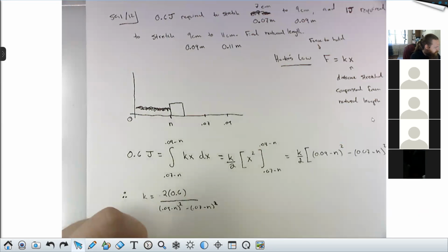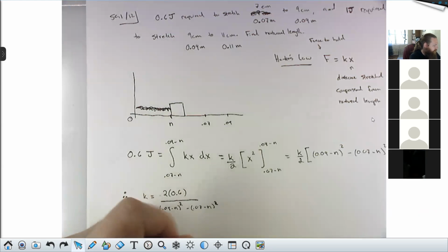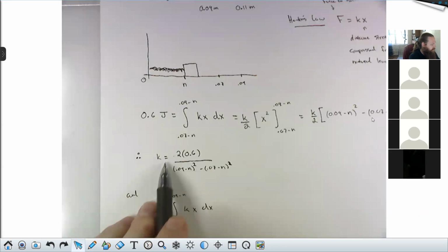This is the integral from 0.09 minus n to 0.11 minus n of kx dx, and you plug this k in here.